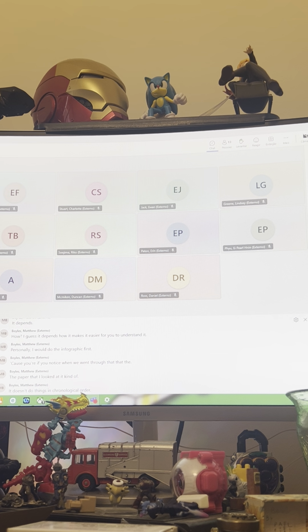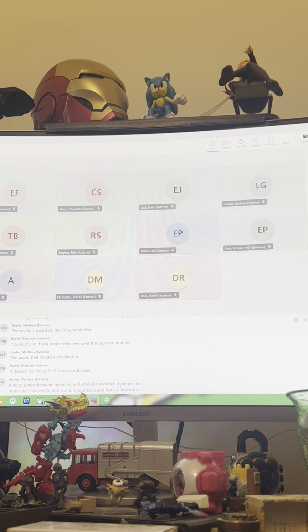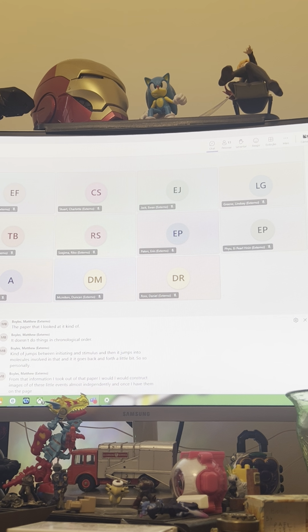It kind of jumps between initiating and stimulus, and then it jumps into molecules involved in that, and it goes back and forth a little bit. So personally, from that information that I took out of that paper, I would construct images of these little events almost independently, and once I have them on the page, I could rearrange them into the order that's happening chronologically, and then you have the base for your infographic.